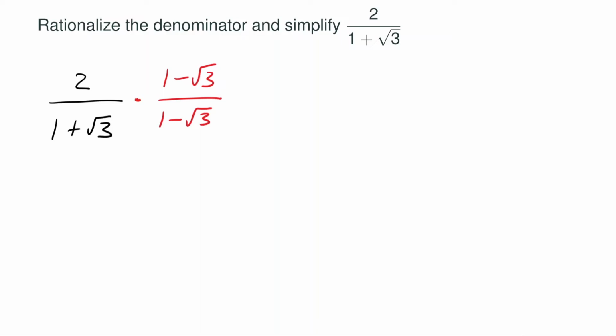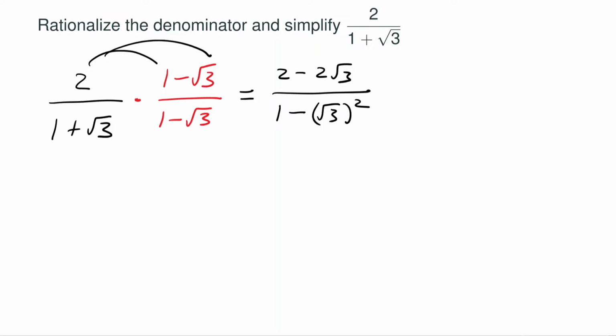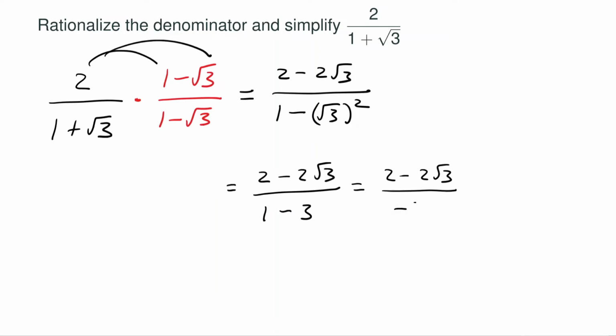When we multiply this, we get 2 minus 2 square root of 3, because we're distributing 2 right here. And we have 1 minus square root of 3 squared, which gives us 2 minus 2 square root of 3 over 1 minus 3, which gives us 2 minus 2 square root of 3 over negative 2. And we can simplify further.